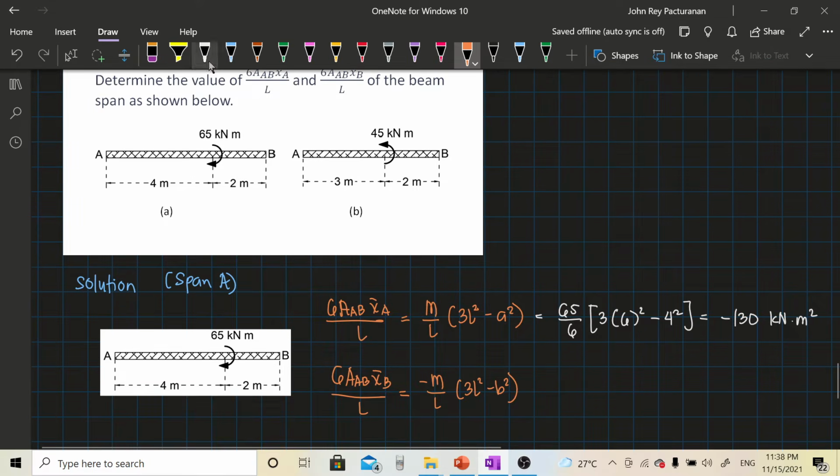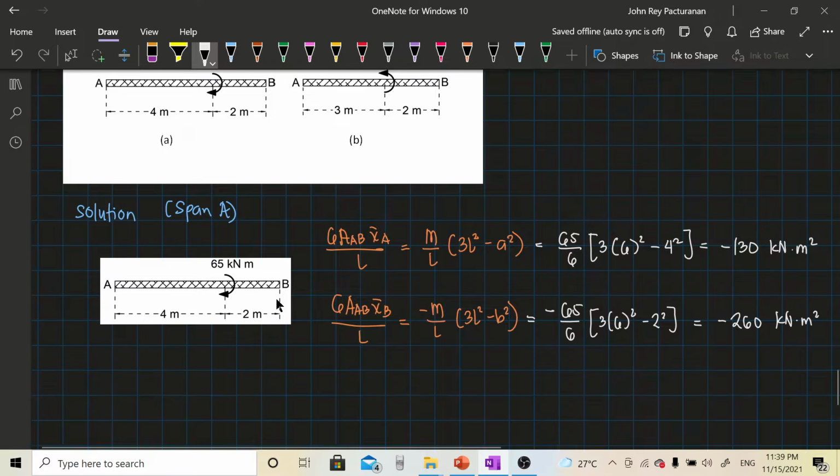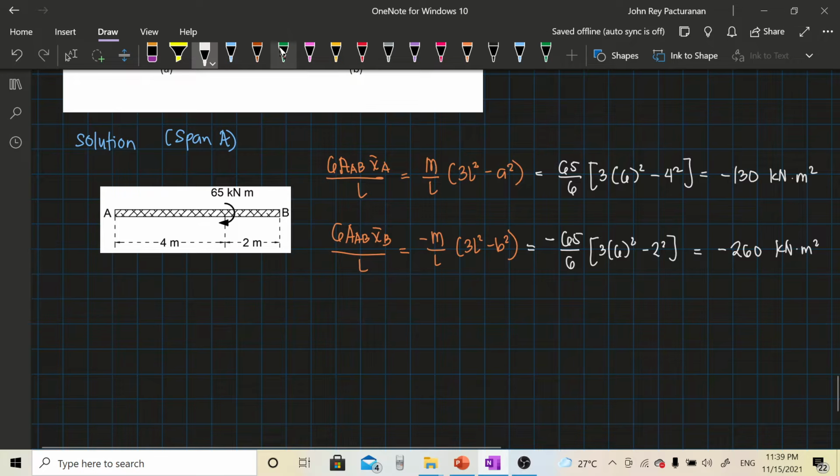So we can substitute this as equal sa negative 65 over 6, the quantity 3 times 6 squared minus 2 squared. Okay? So here, ang magiging answer natin is negative 260 kilonewton meter squared. So ayan na, no? Meron na tayong values nitong constants na to for the span A. So how about span B?